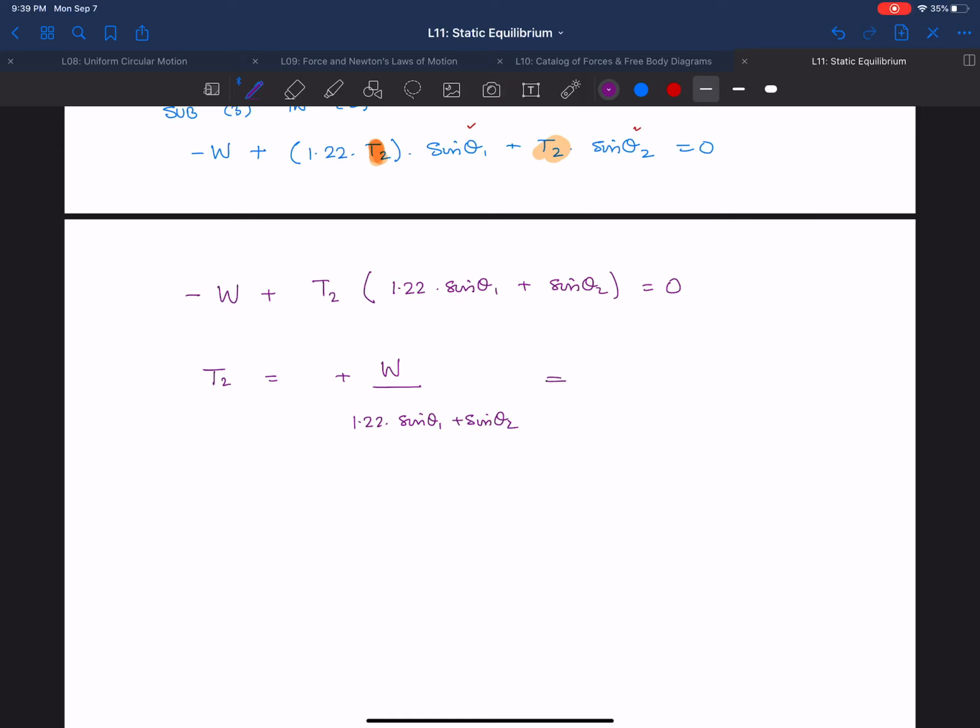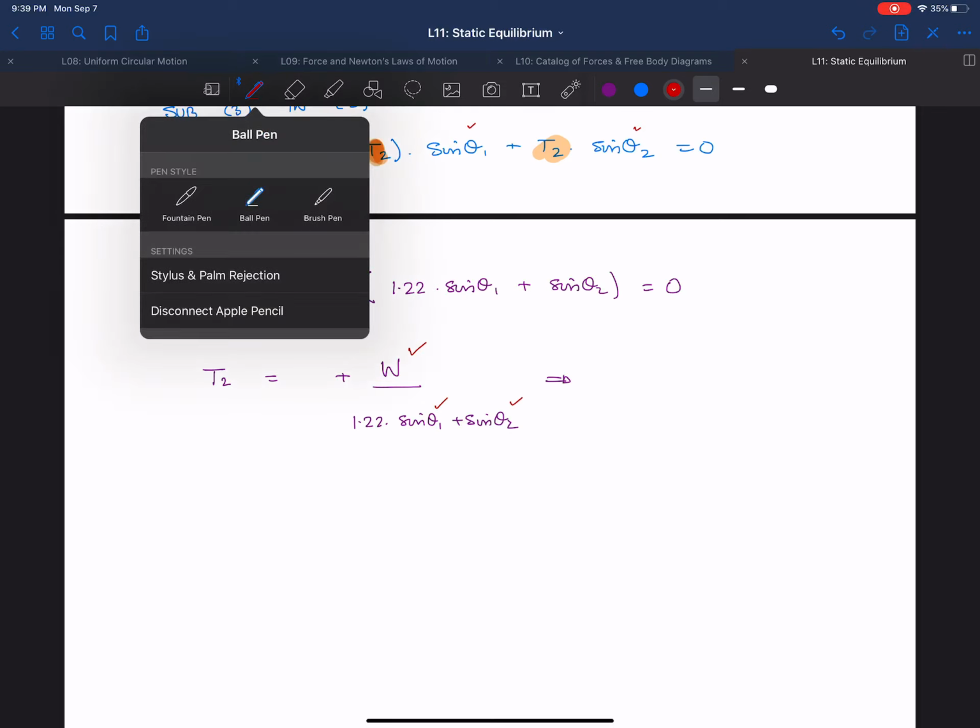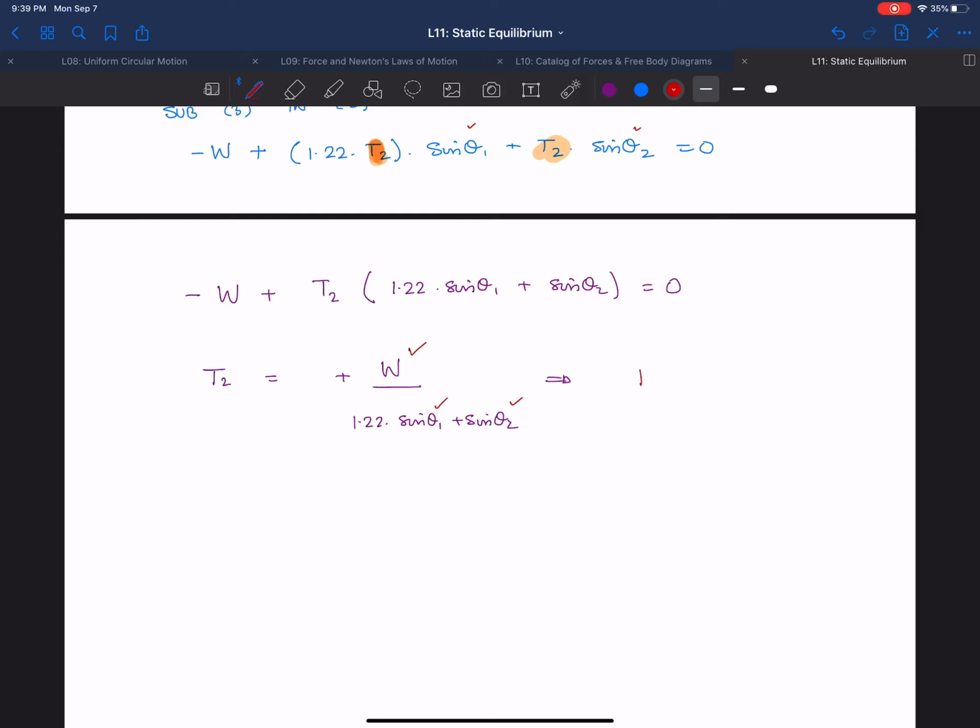These are all known numbers, since the weight is given, so you can figure out tension T2, and T2 comes out to be 410 newtons. Again, please verify my numbers.